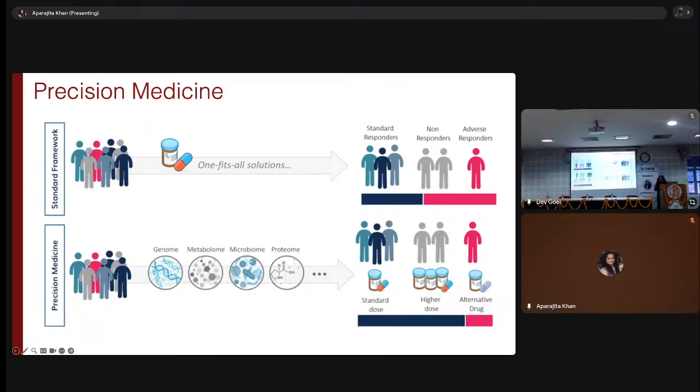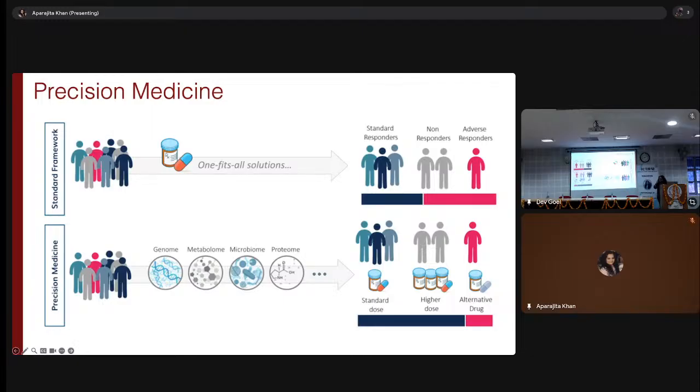We have different levels, for example genome, microme, proteome. How do you collect data from these different levels and integrate the information on dysregulations at different levels to come up with a different therapy for the individual? People who have a standard response, you give the traditional dose, but people who are not responding, maybe you can increase it.